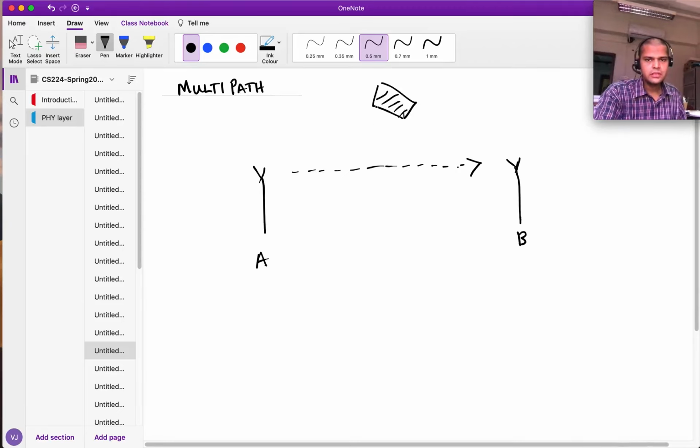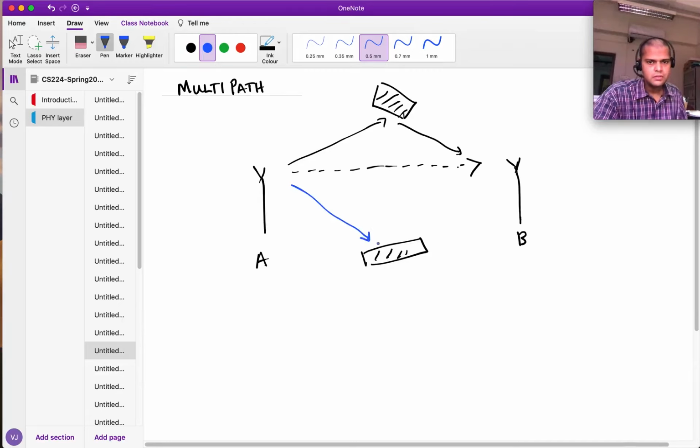So suppose there is a car nearby, the signal might actually bounce off. Let's say there is another object over here. Some of the signal may bounce off and come over here. So this path is longer than the direct path.